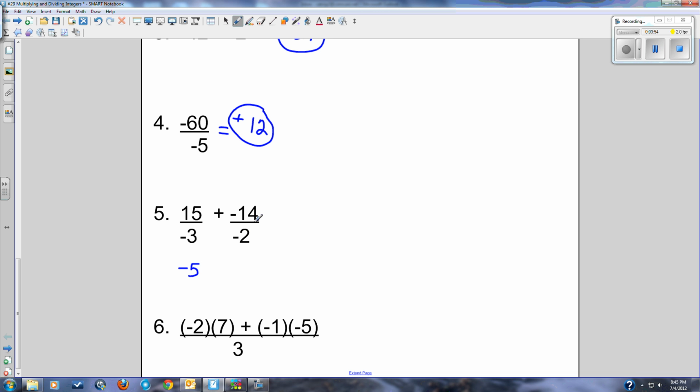So we get negative 5. Negative 14 divided by negative 2, a negative divided by a negative is a positive. So we get positive 7. And we have to bring down the plus sign right here. So we have negative 5 plus 7, which gives us positive 2.